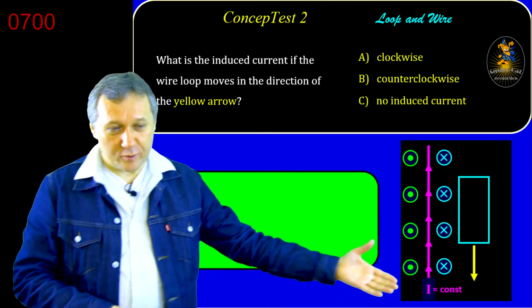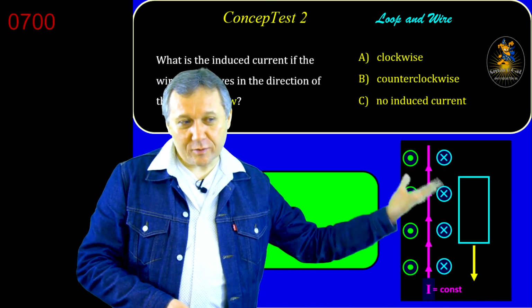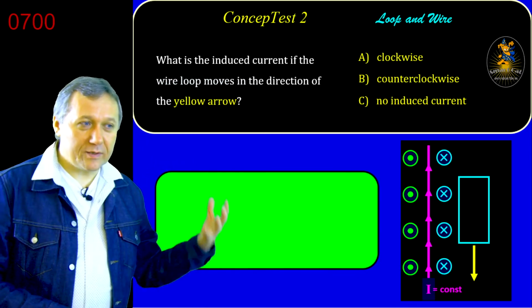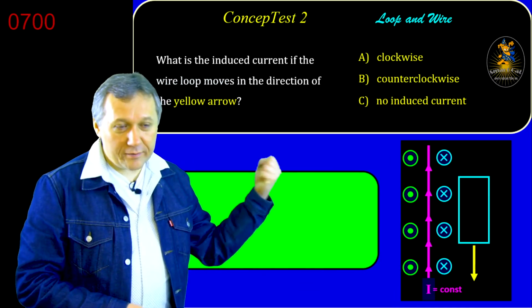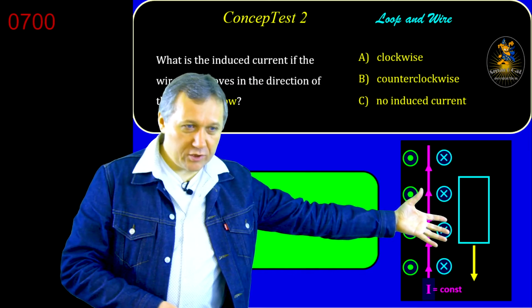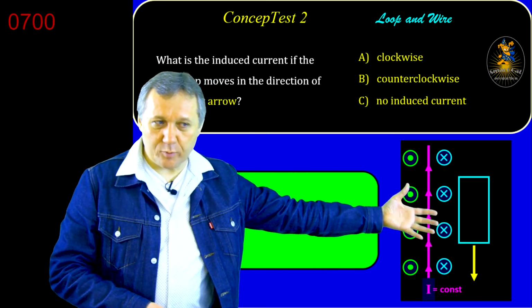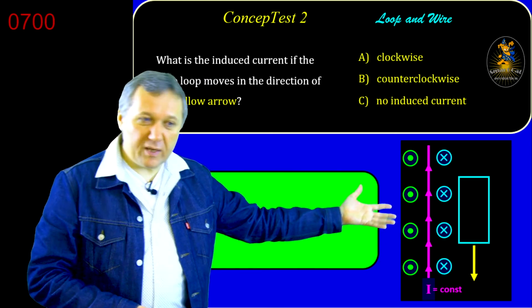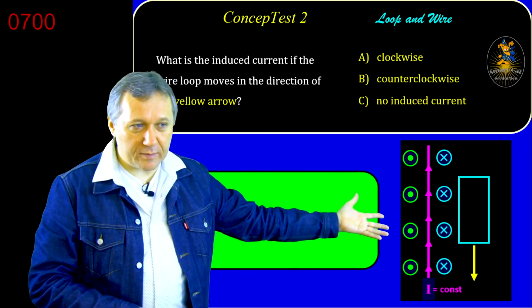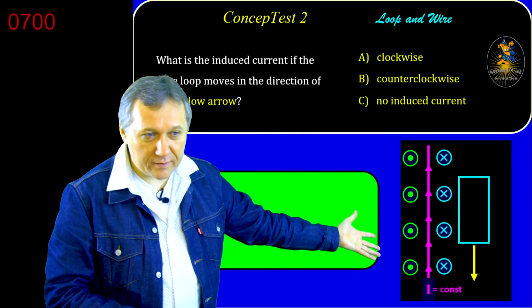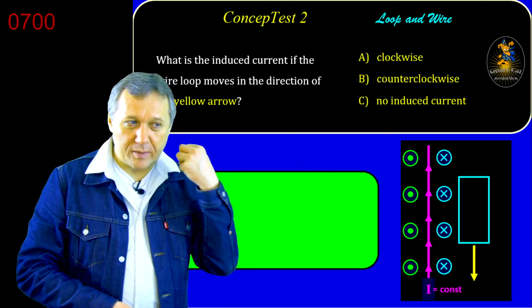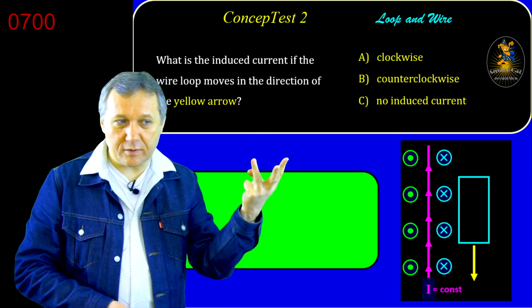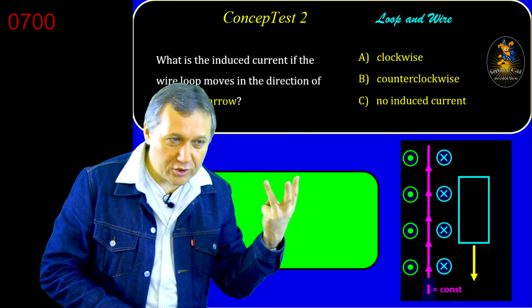And because current is also constant, the value of the magnetic field at any point stays the same. Then area of the loop, we don't change the shape of the loop, so area is the same. And then angle also, you can make it 0 or 180 degrees, it's up to you, but in both cases angle is constant. So all three parameters B, A, and theta are constant, so flux doesn't change.